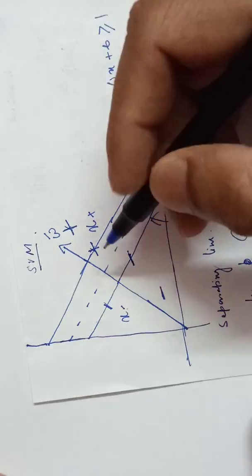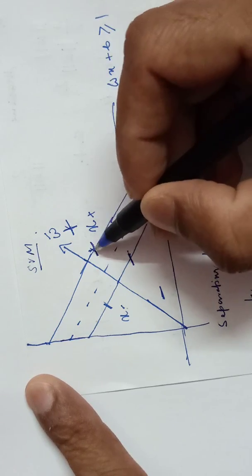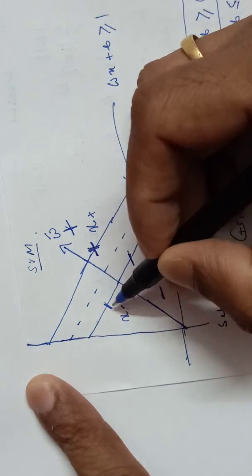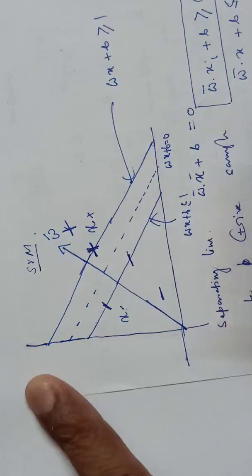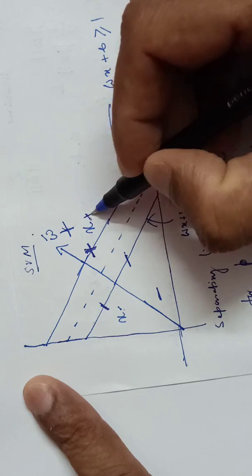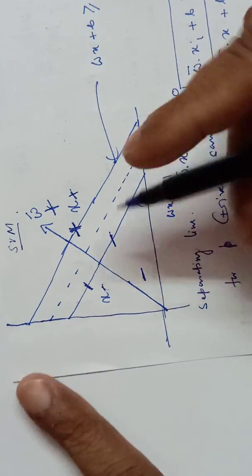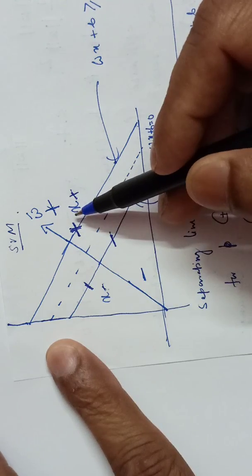Okay, now think about a situation like this. Here, say we are having a positive data here and a negative data here. What will be the distance between these two? This is x plus positive value, here x negative value. What will be the difference between these two data?